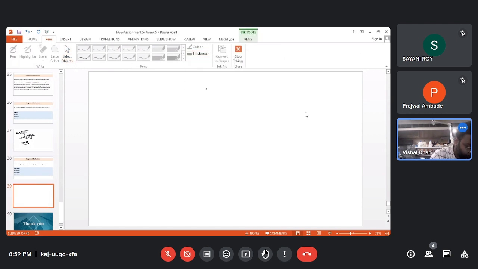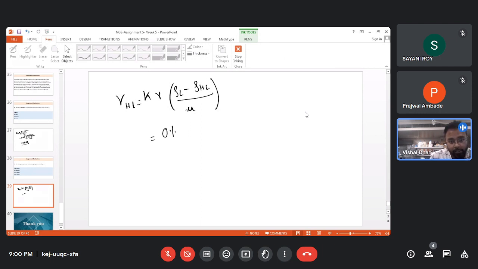So it will be velocity of heavy liquid equal to K into density of liquid minus density of heavy liquid divided by viscosity. So it will be 0.163. There is a little bit of changes in all these formulas.